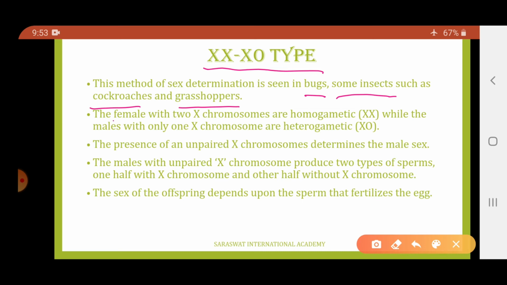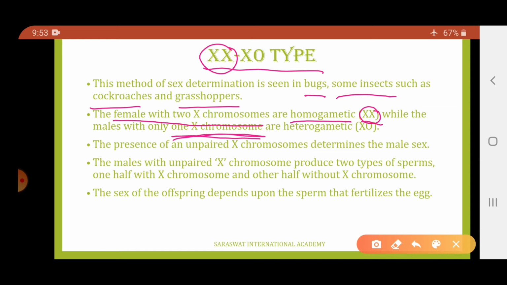Here the females have two X chromosomes, that is they are homogametic, XX, while the males have only one X chromosome. Listen very carefully. The females have two X chromosomes, so they will of course be homogametic, but the males have only one X chromosome, that is they are heterogametic.